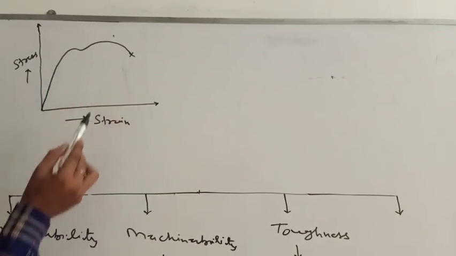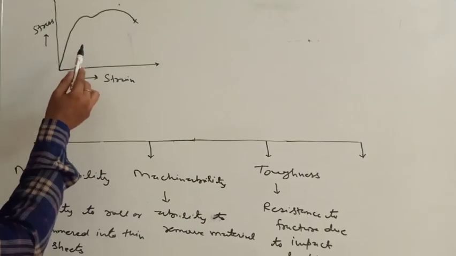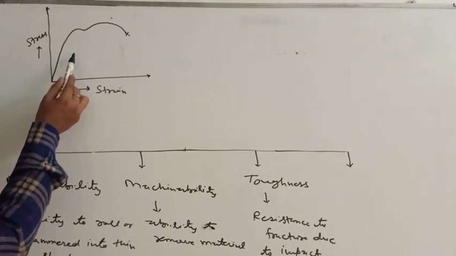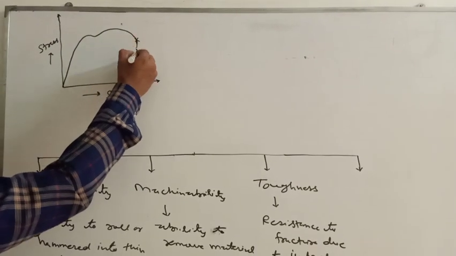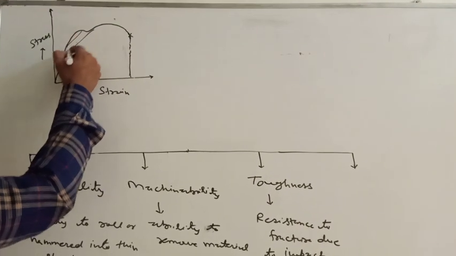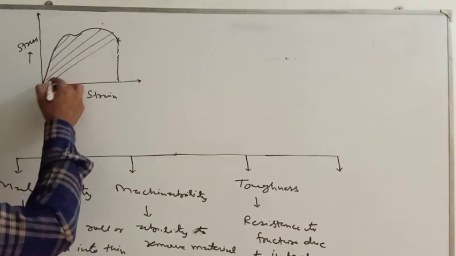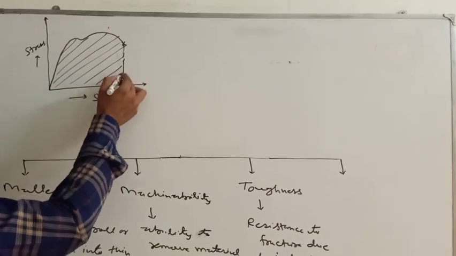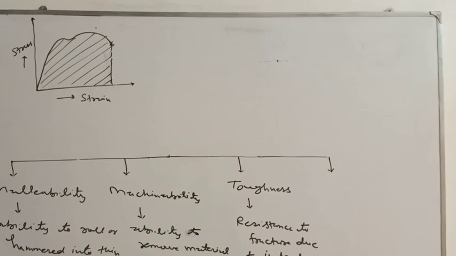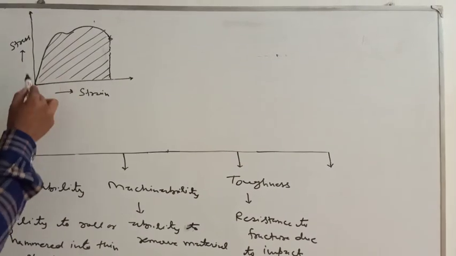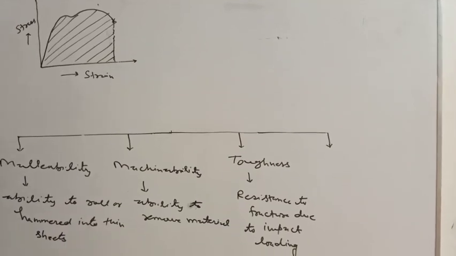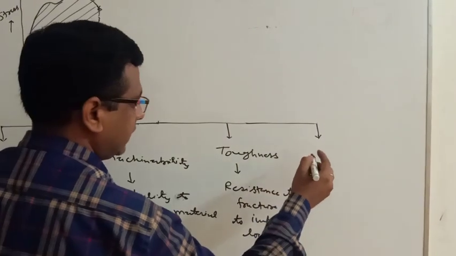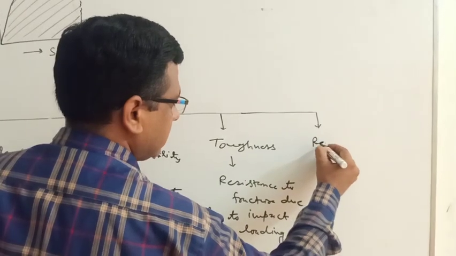Toughness is the energy absorbed by the material up to this fracture limit, per unit volume. We can define toughness from the stress strain diagram also. Another property which we use is resilience.